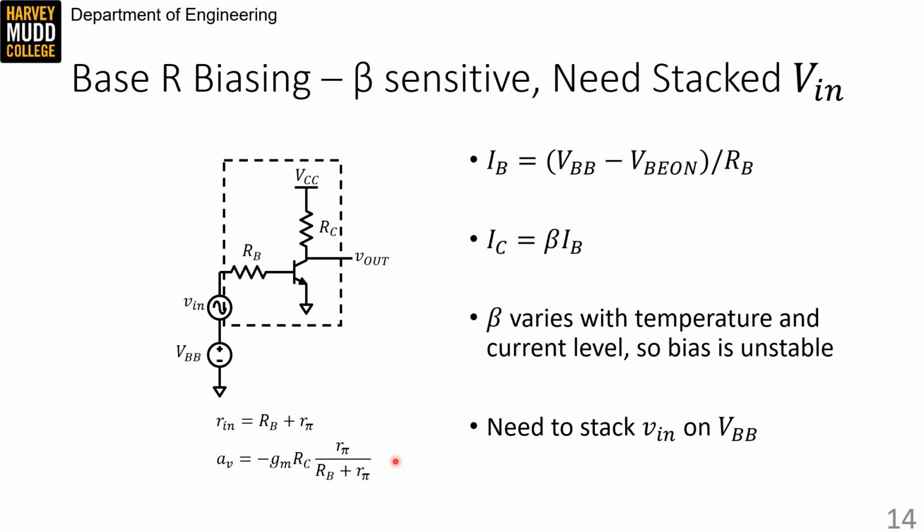R out is unchanged by the addition of base resistance, and that's usually true when you're accounting for the behavior of bias networks. So this kind of analysis is one that I'm going to ask you a bunch of questions on, because it's an easy way to get you to think about small signal modeling and the behavior of amplifiers, where we're going to modify standard common emitter behavior to account for biasing networks.